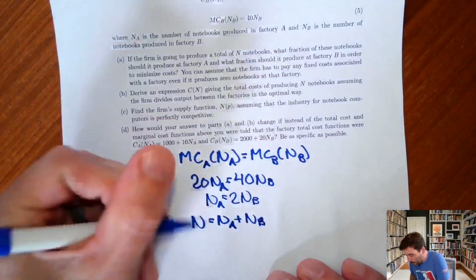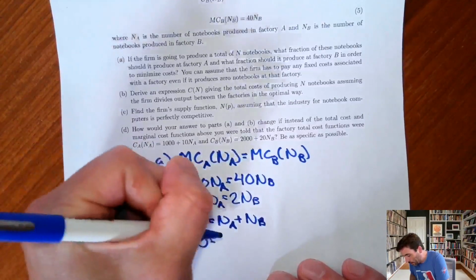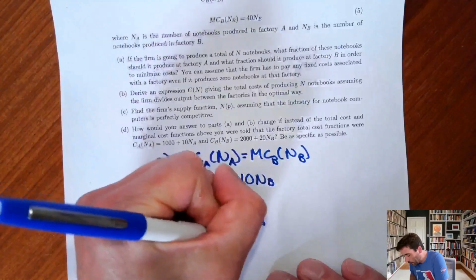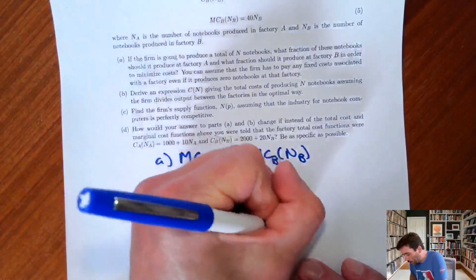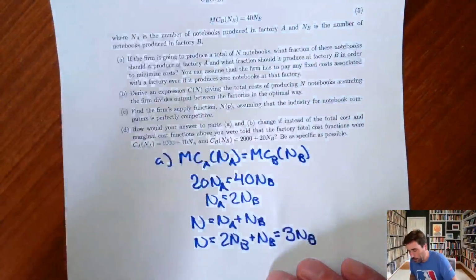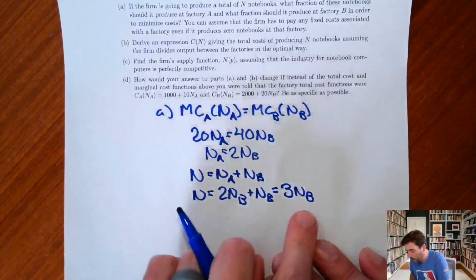I can plug this in for NA here, so total N is going to be 2 NB plus NB, which is just 3 NB.